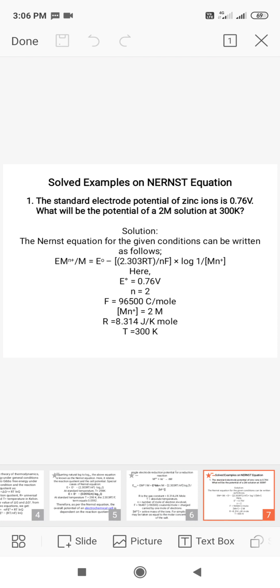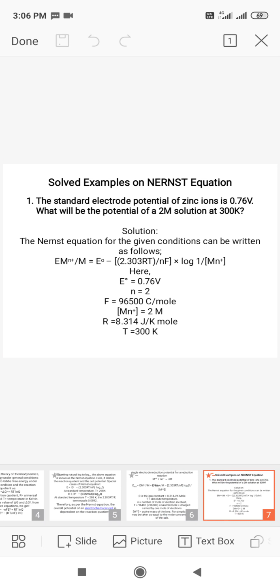By using this Nernst equation, let us discuss how to solve the problem. Let me discuss one problem. The standard electrode potential of zinc ion is 0.76 volts. What will be the potential of a 2 molar solution at 300 Kelvin?